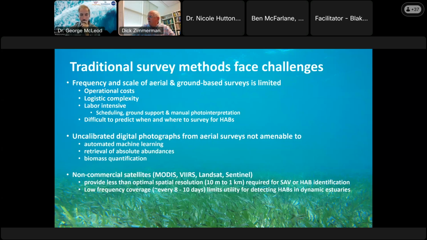Furthermore, their low frequency of coverage limits their utility for detecting these things in dynamic estuaries, because you want to be able to see it when it happens. Every 10 days to 2 weeks is not very frequent, especially given that the extensive cloud cover in this area really means that you get a practical image maybe once a month if you're lucky.